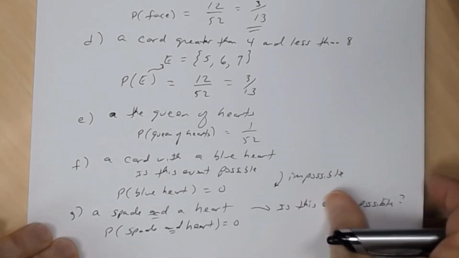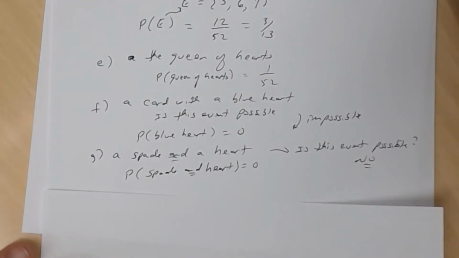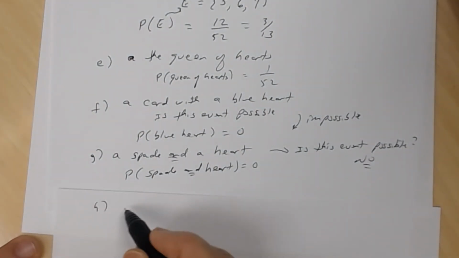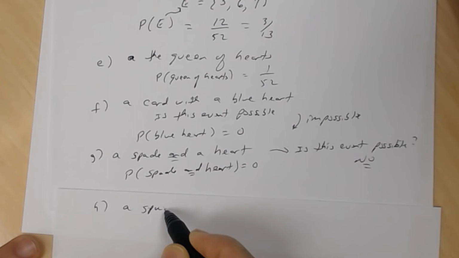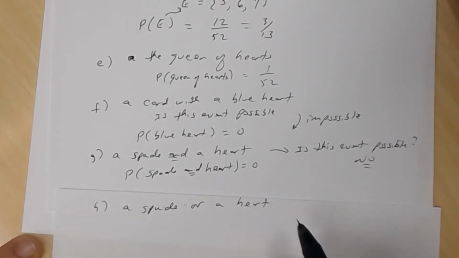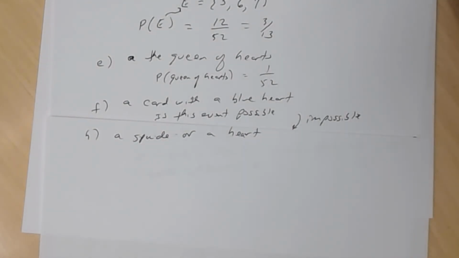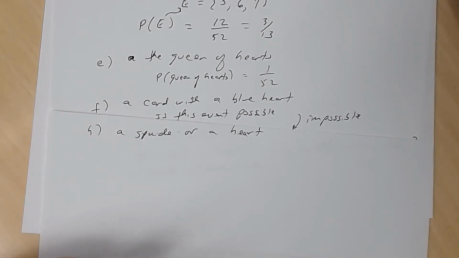Now what if you had H? I'm going to have to do H on the next page. What if it said a spade or a heart? That's similar to what we did. You remember that word "or" in part 1, that other lesson?